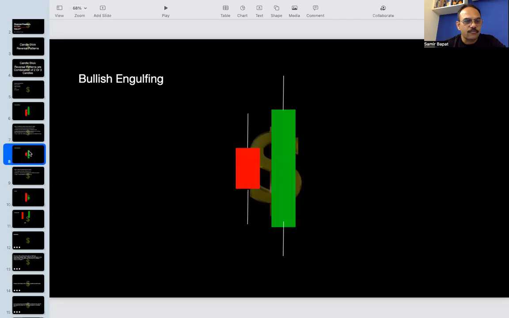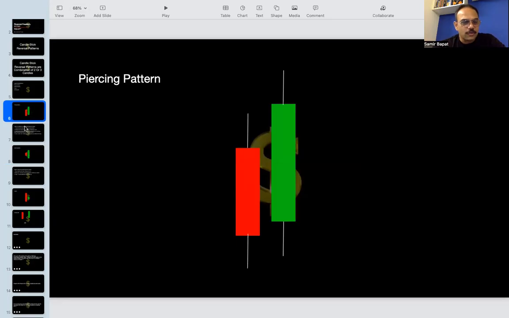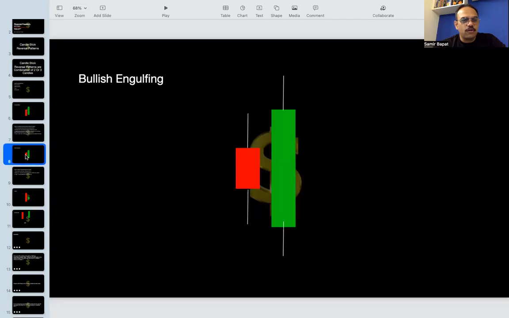Now, the piercing pattern is clear to everyone. Next we'll go to bullish engulfing. In bullish engulfing, there is a downtrend, then there is a small red candle, and then a green candle forms. This is the body of the red candle, and this is the body of the green candle. The green candle is engulfing the red candle.